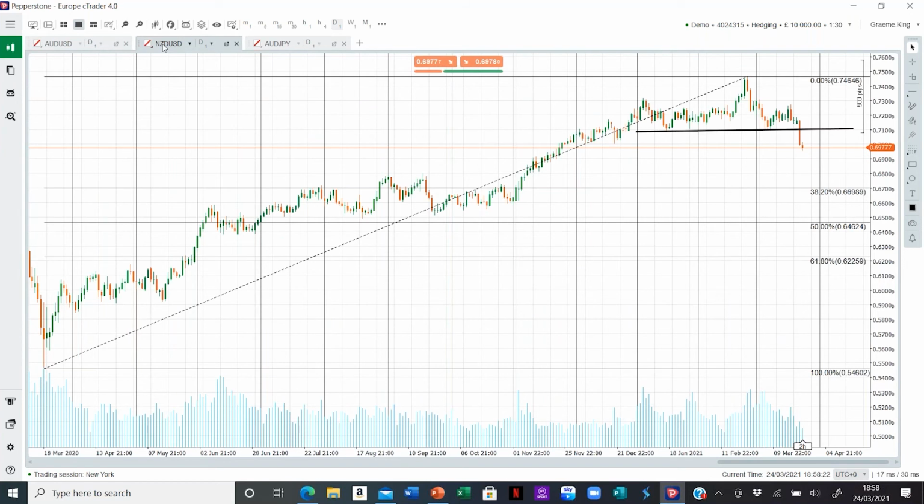There's a similar pattern evident within the Kiwi dollar versus the US dollar, but because of the negative backdrop we saw for the New Zealand dollar yesterday, as Mo was talking about earlier with the move in Kiwi yields, we saw the break and completion of this head and shoulders top much earlier in the Kiwi than the Aussie dollar.